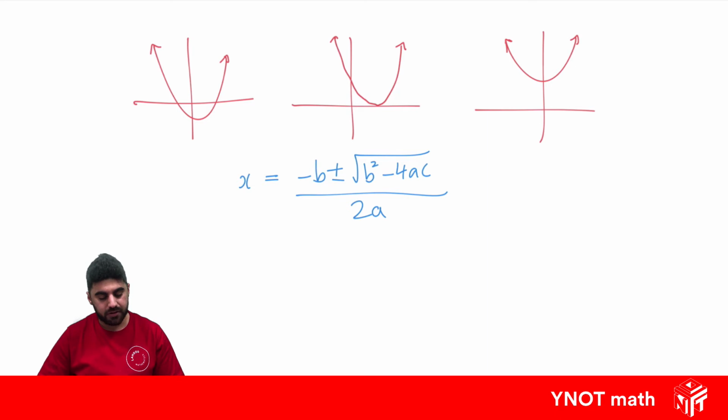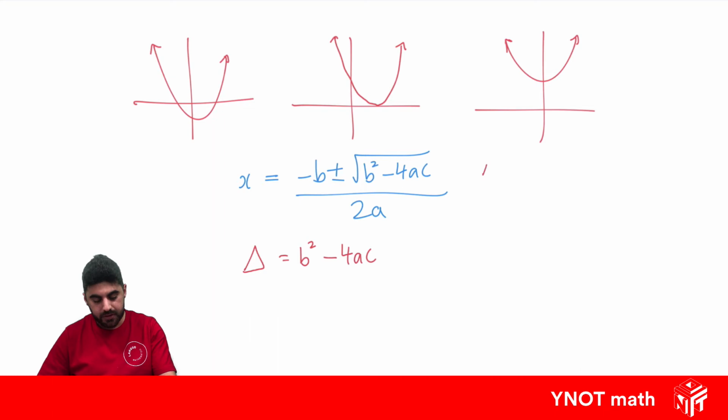So all these scenarios depend heavily on this value here, and that's what we call the discriminant. We give it the symbol delta, which is a Greek letter, and it equals b squared minus 4ac. And it's going to tell us a lot about our quadratic equation.